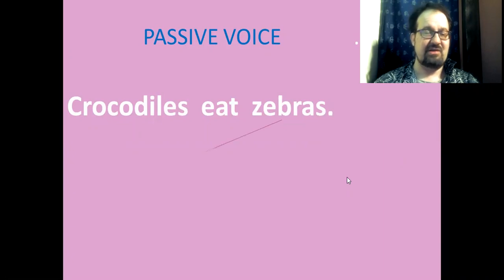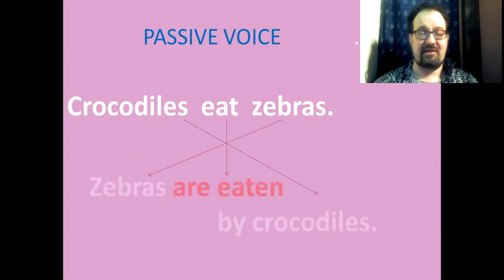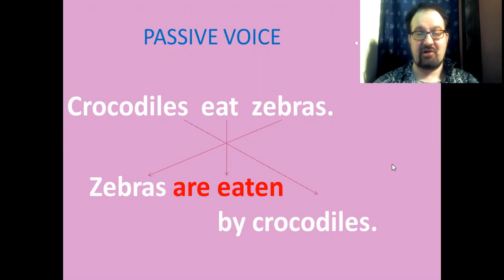So the zebras goes to the first position of the sentence. The verb will change a lot, and at the end of the story, you get a sentence like zebras are eaten by crocodiles.